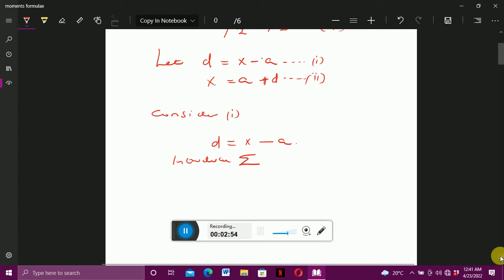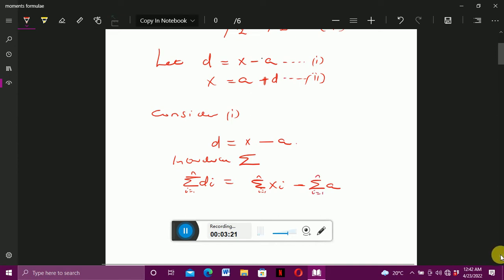And of course, now we will not just be summing d, but we'll be summing di's, which is equal to the sum of xi's minus the sum of a, with i going from 1 to n.